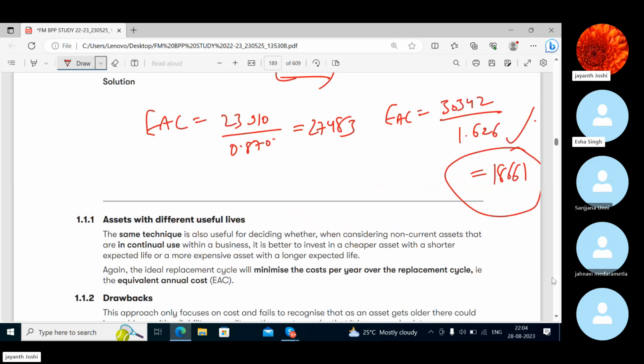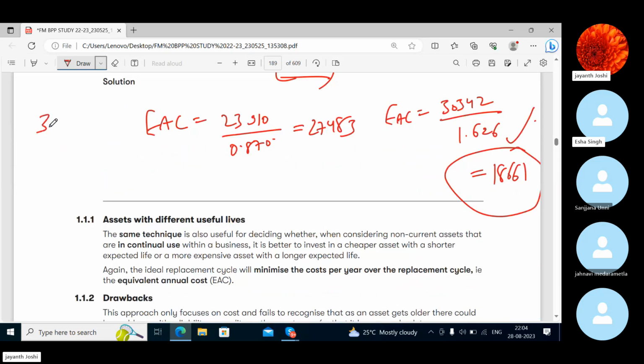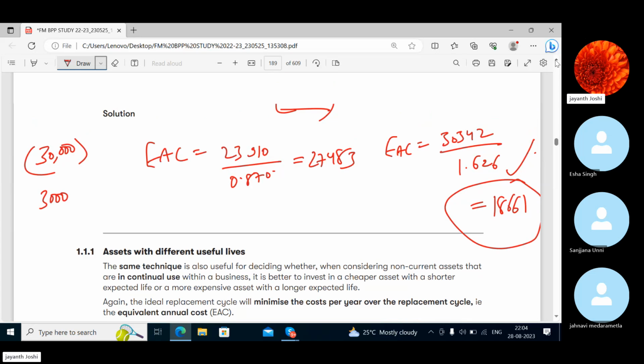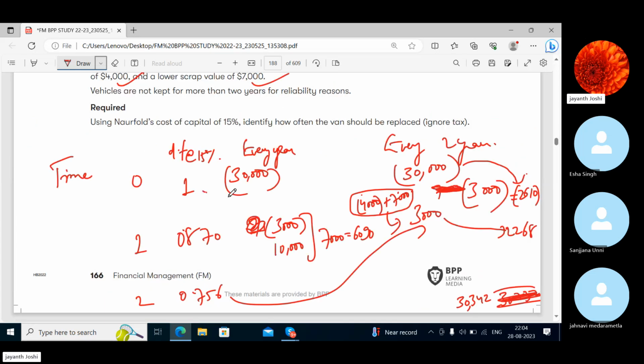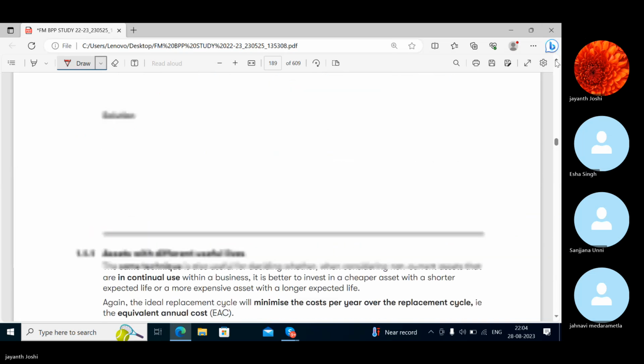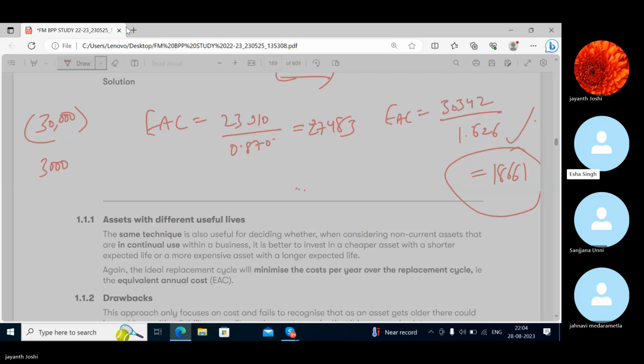It was like this. 30,000 is the investment. In the second year, the first year running cost is going to be existing, and here I am just writing it in the first year column only.